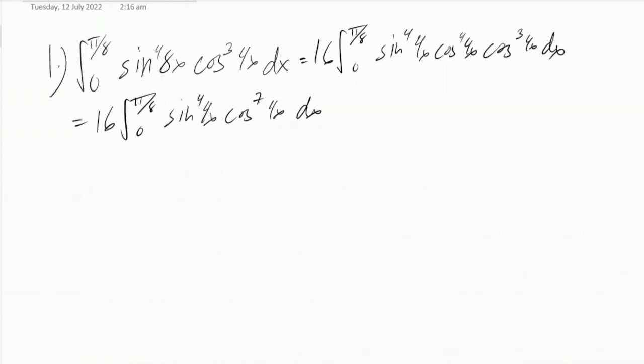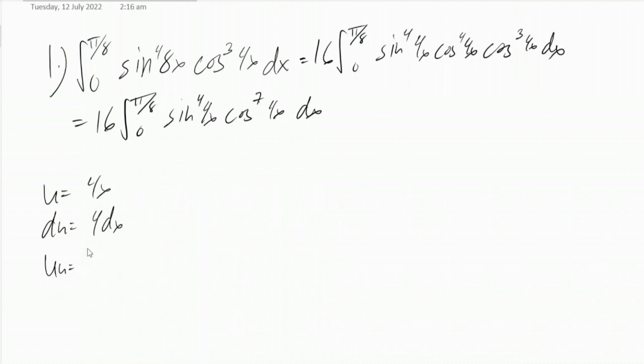Now we will apply u substitution. u is equal to 4x. Its derivative is simply du equals 4 dx. If we apply u substitution, we will also apply it on the upper limit and the lower limit.